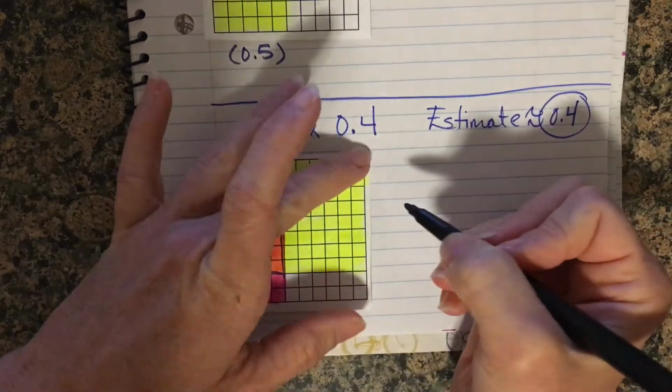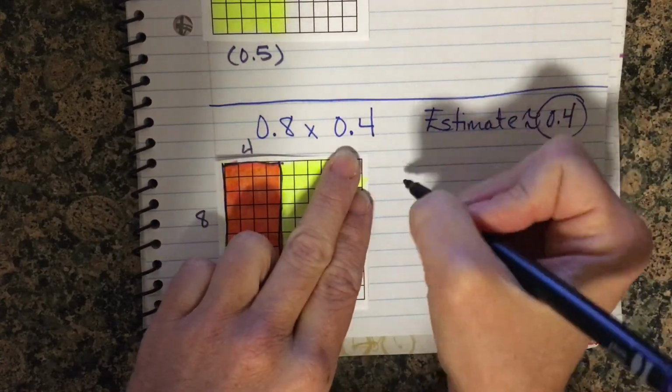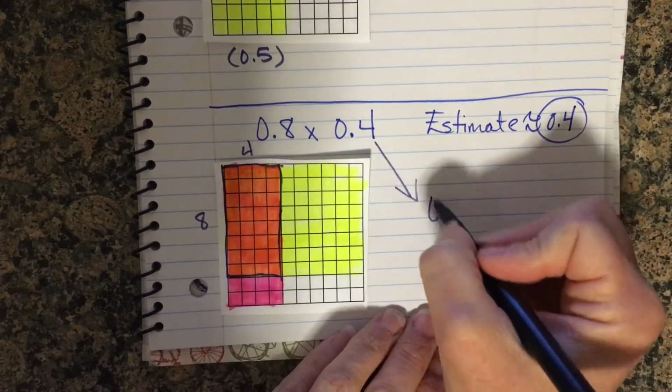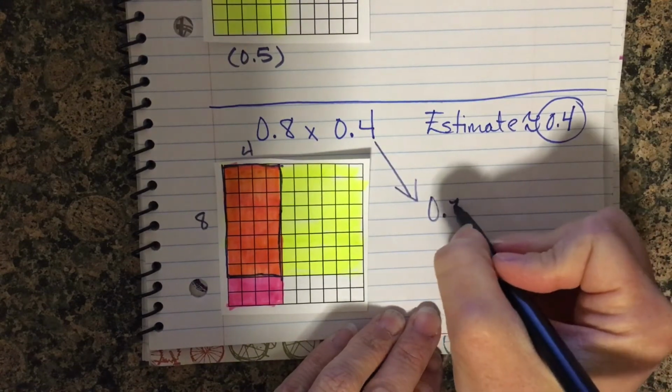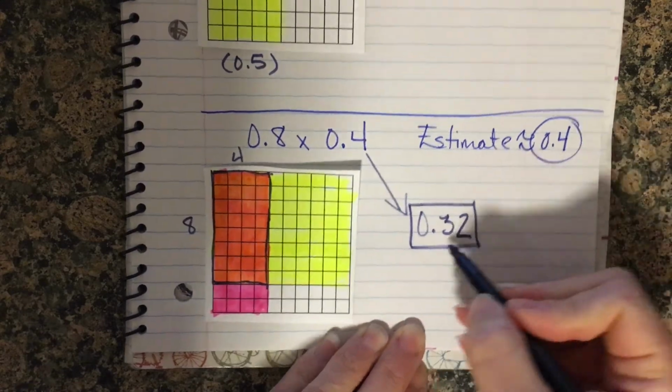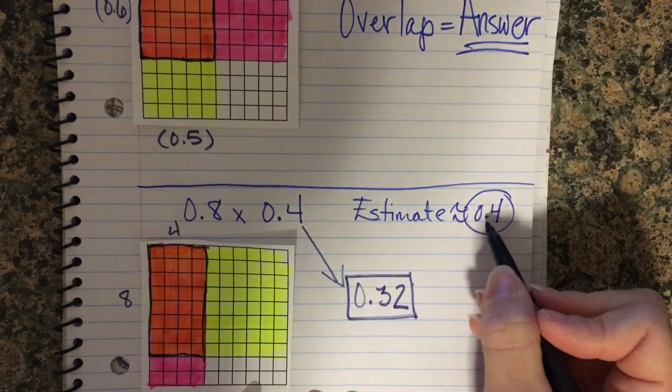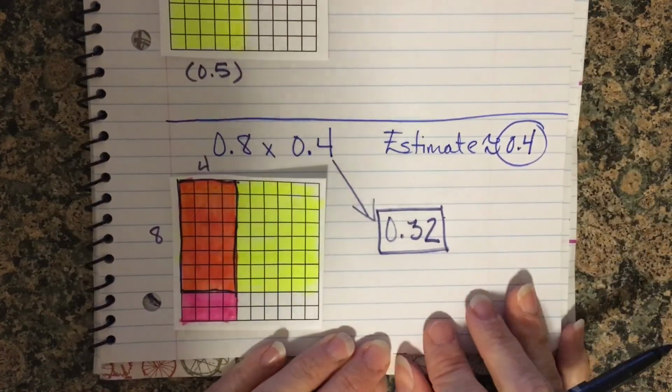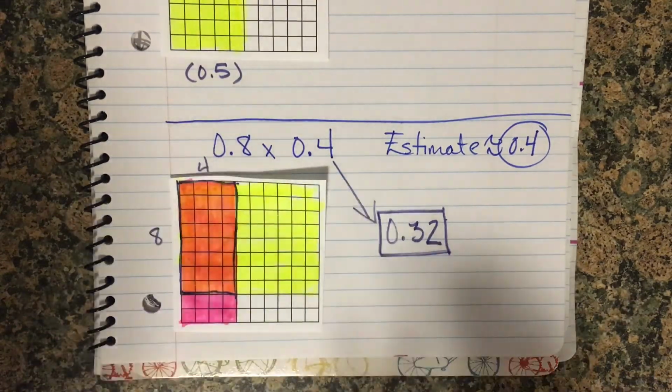So my answer is 32 hundredths. And 32 hundredths isn't that far off from 4/10, so I know my answer is reasonable. I hope this helps.